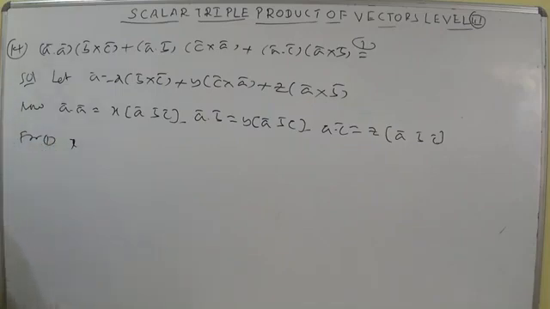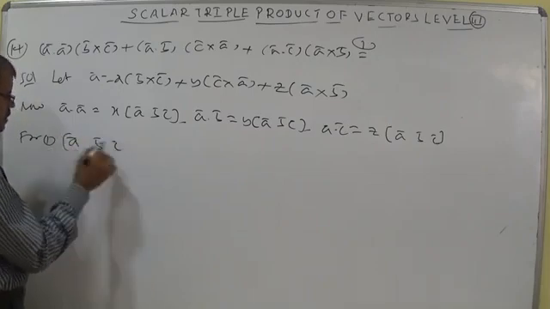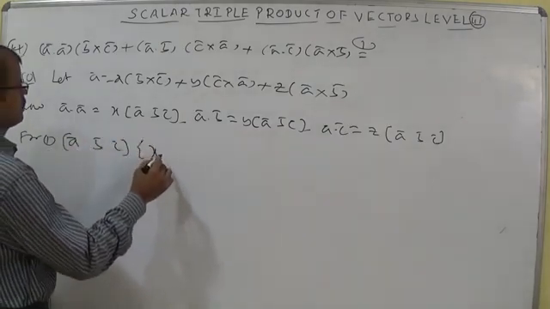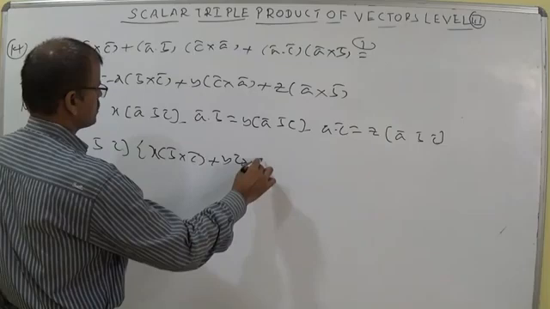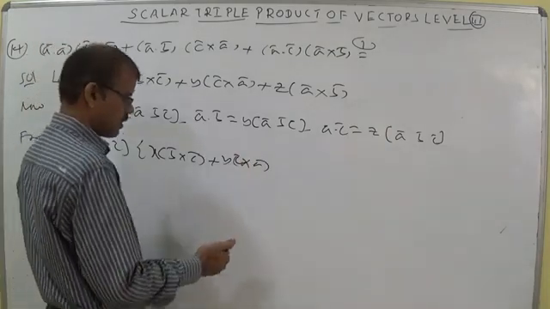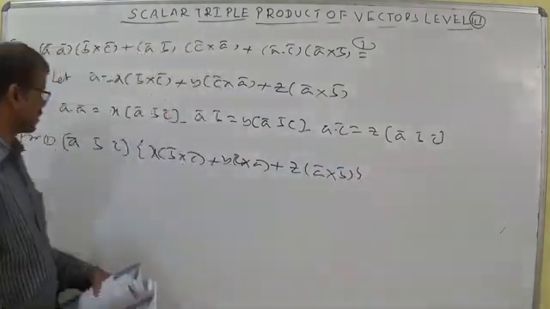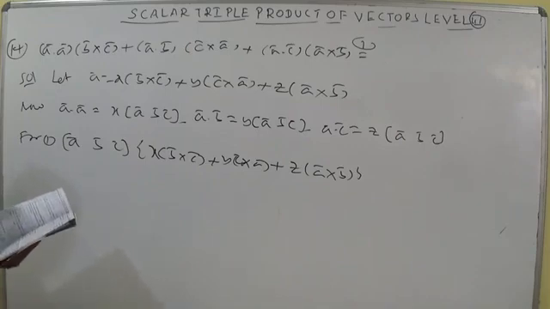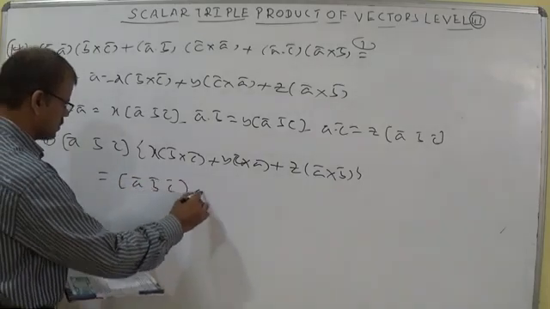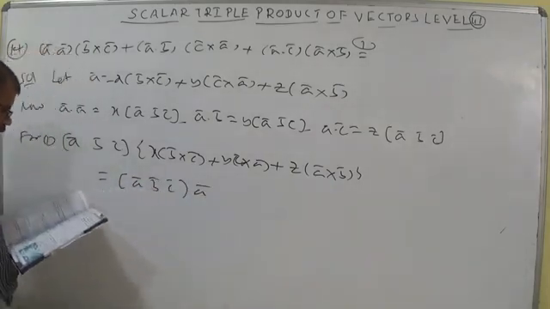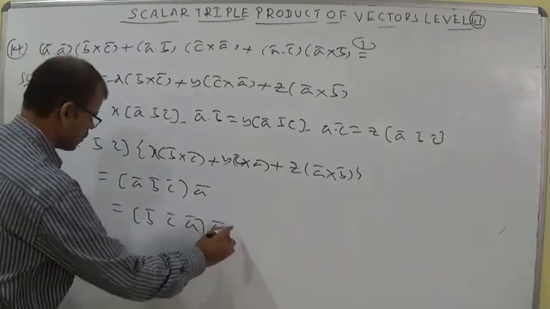Taking box ABC common, you can say x into B cross C plus y into C cross A plus z into A cross B. So whatever vector we thought, we got: A into box ABC, that is box ABC into A bar. You can write here BCA into A bar.